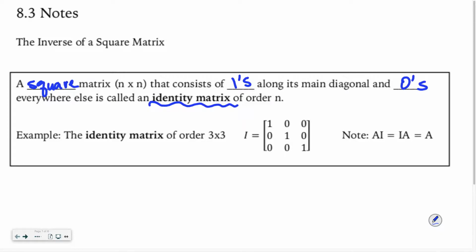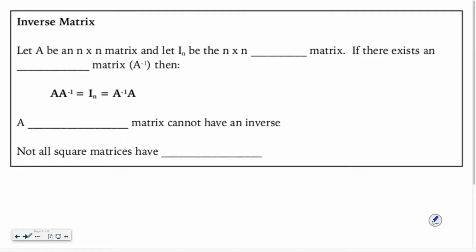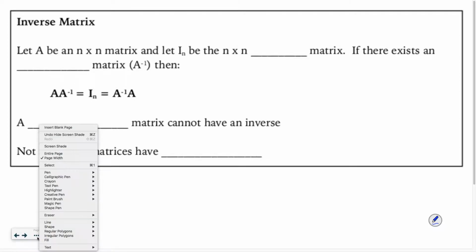We can have an identity matrix of any square size. So we can have a 2x2 identity, a 4x4 identity, a 10x10 identity if we wanted to. Probably won't work with that one, but we could do it. Now, we needed to talk about that so we could discuss what an inverse matrix is.